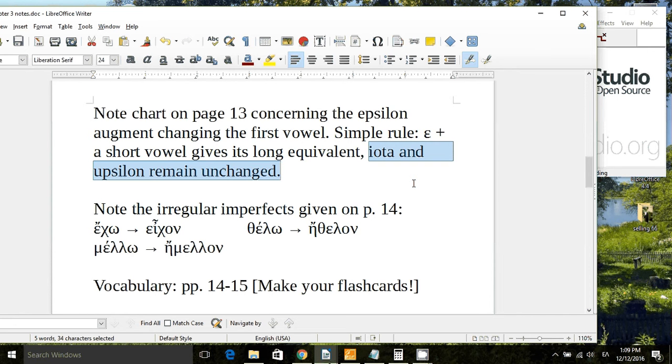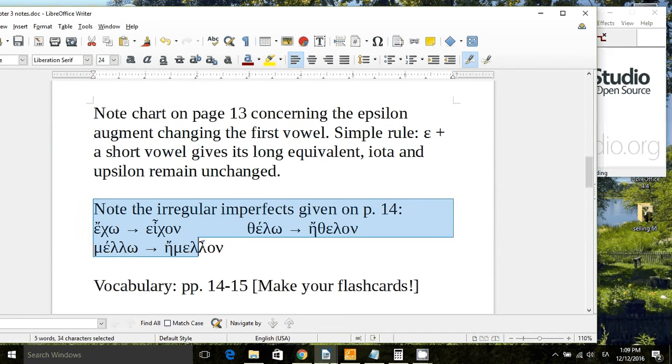Also at the top of page 14, we have some irregular forms. These irregular imperfects are on the top of page 14. So echo, I have, a word we've already learned. Its imperfect is eichon. We would expect epsilon plus epsilon to give us an eta. Well, here's an irregular verb. In English, we have them as well.